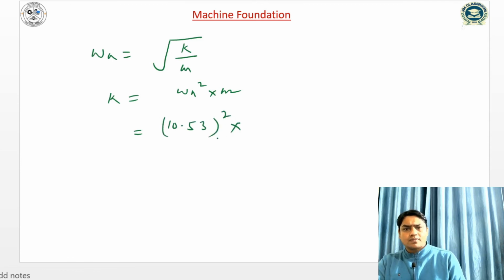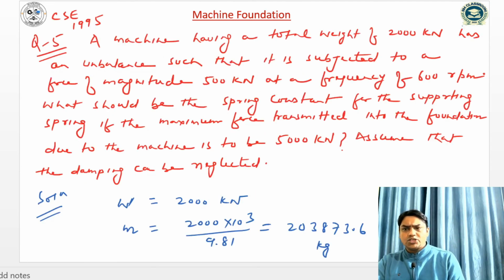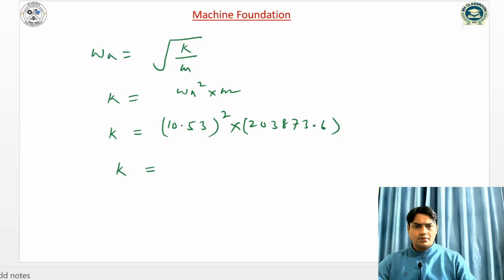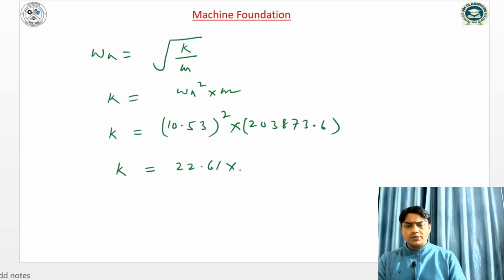So we have omega n is equal to square root of k by m. So k is equal to omega n square into m. So omega n is 10.53, so 10.53 whole square into m. The mass is 203873.6 kg. So if I compute the value of the spring constant, that is 10.53 whole square into 203873.6, so it will be 22.61 into 10 to the power 6 kg per second square, which means Newton per meter.